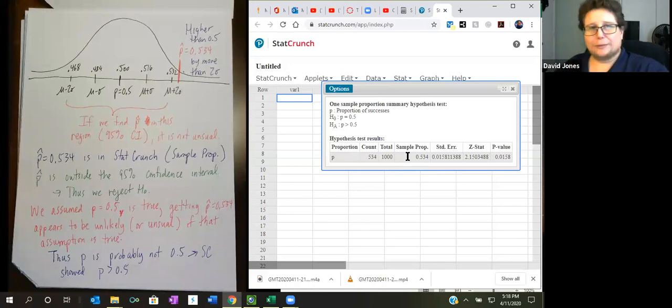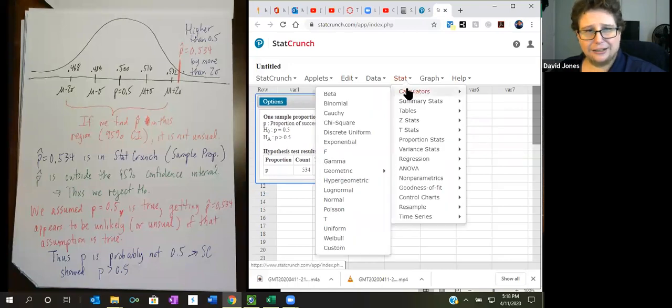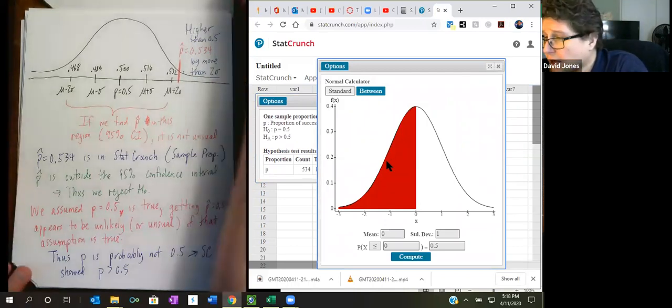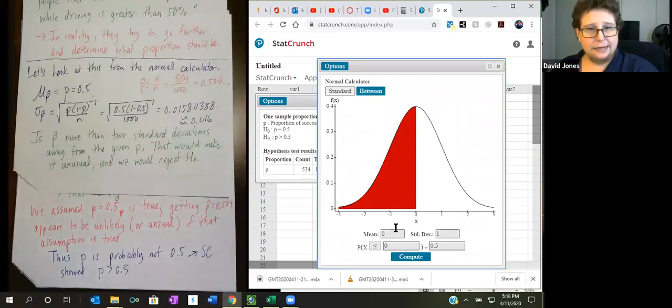Let's show you it in the normal calculator. I don't want to lose this window, so we're going to keep it. Stats, calculators, normal. I'm going to put our mean and standard deviation back up so we can see it. The mean was 0.5.